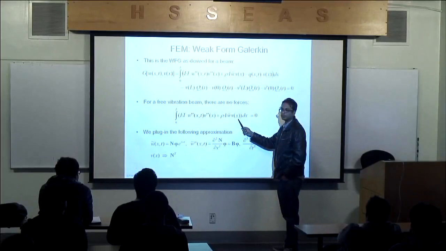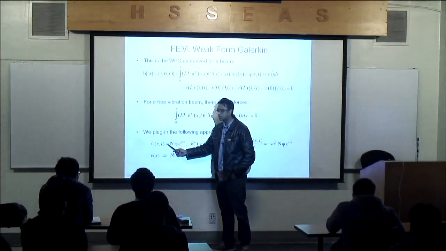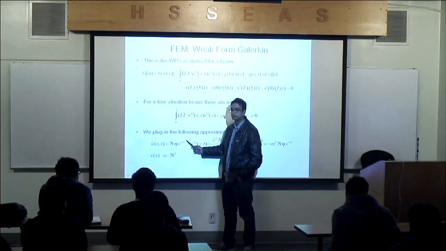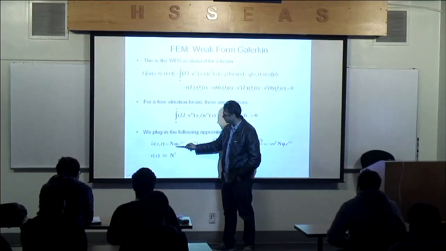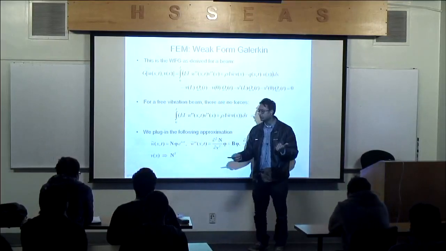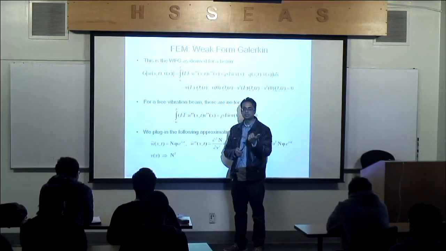I'm going to plug in an approximation for w tilde, which is equal to shape functions, okay, times phi e^(iωt). And these phis, remember when I had, this used to be d before? I'm calling it phi, but it's the same. It's basically the deflections of the nodes.